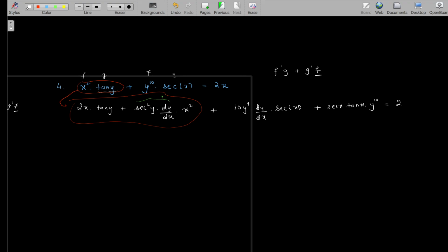Now we will try to club the terms in which we have dy over dx. First let's write this properly.